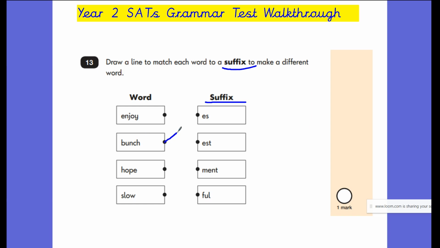But bunches, "I have bunches of flowers" is what would go here. Hopist, that doesn't work. Hopement, no. Hopeful, yeah. Slowest, yeah. Slowment, no. So slowest works. Finally, that leaves enjoy and enjoyment, which fits together nicely. So that was the correct root words to suffixes for that question.